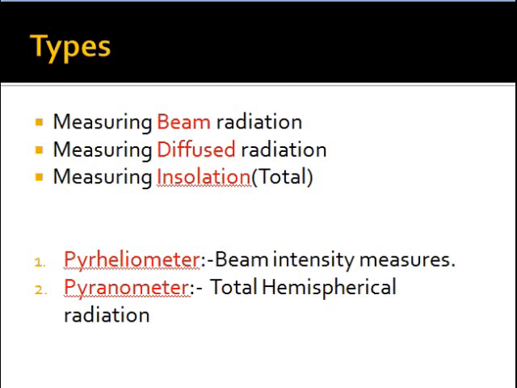And the pyranometer is used to measure total radiation. Total radiation includes beam radiation plus diffused radiation. So this is the application of the pyranometer.